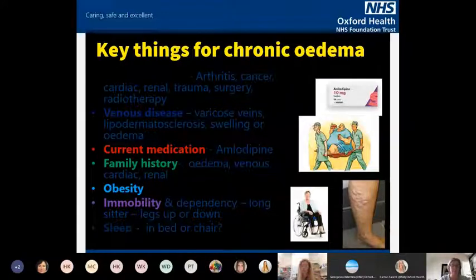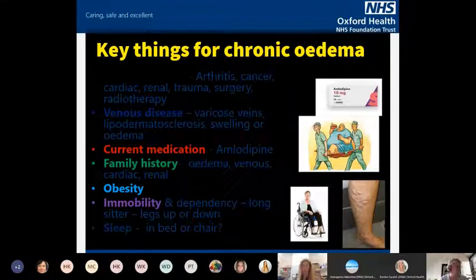If you've got nasty end-stage renal disease, you're not kicking out the fluid, it's staying on board. If you've had surgery, sometimes people who've had surgery around their groins, that's interfered with their lymph nodes and lymphatics there. Radiotherapy can do nasty things to places and cause chronic edema.